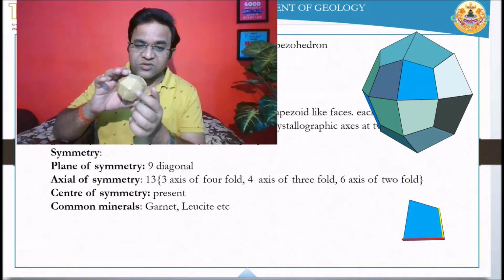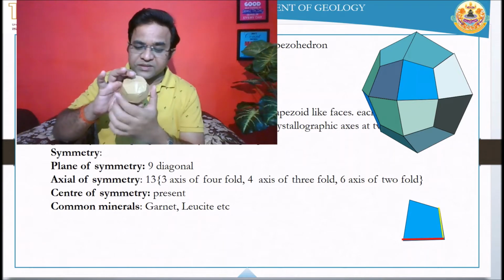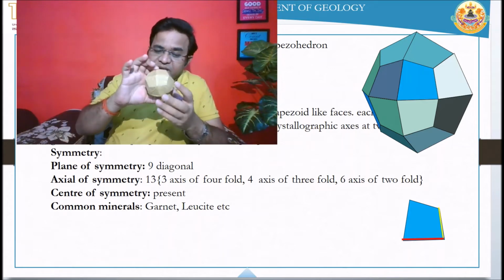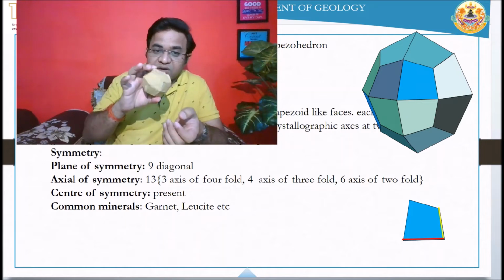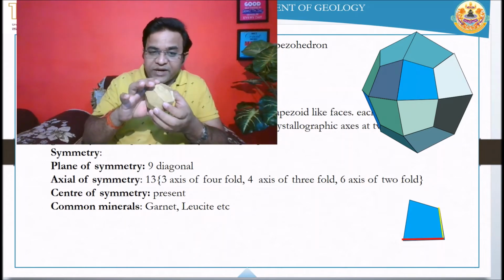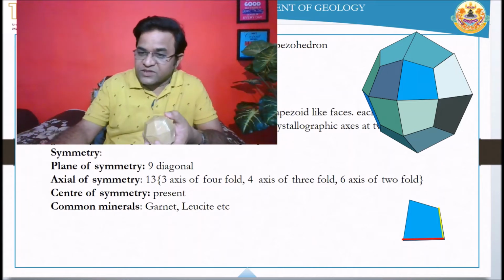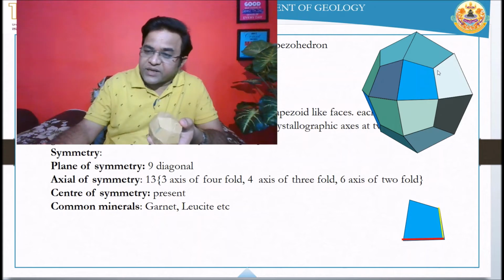So these show twofold symmetry. There are 6 such axes which show twofold symmetry. These are the diagonal ones. Now hold from this point where 3 shorter edges are meeting. The length of the shorter edge.